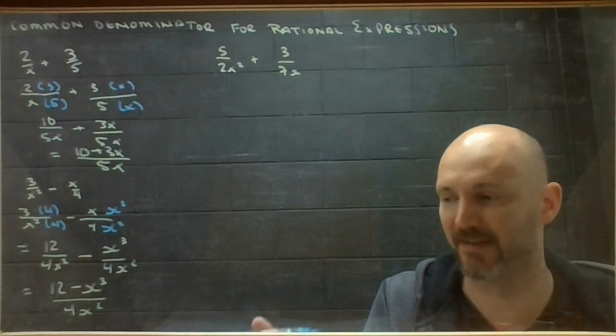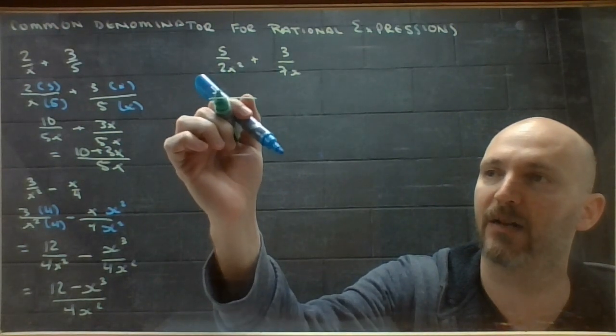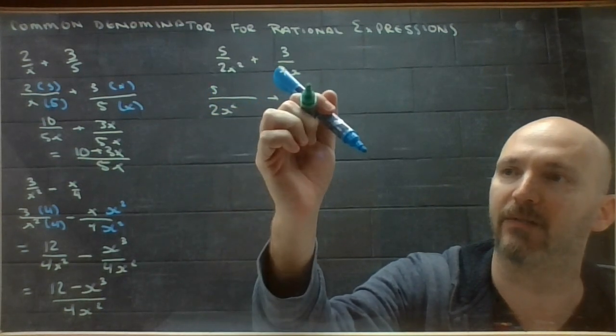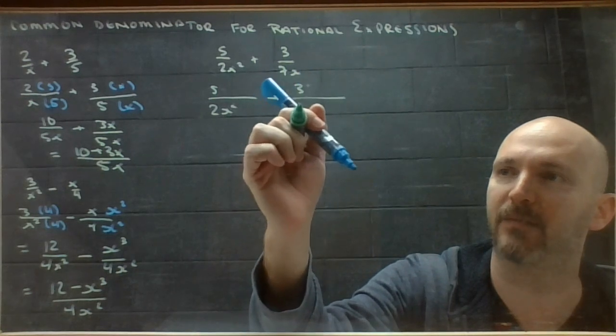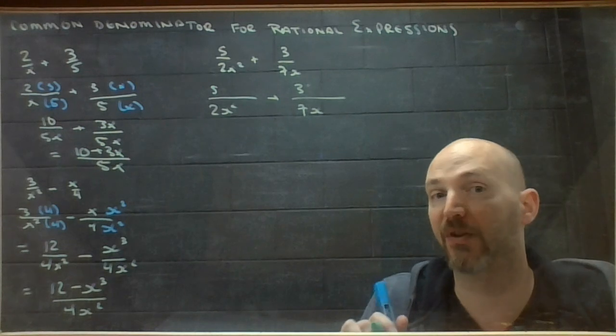For this one, same thing. I have a fraction with a 5 on top and a 2x squared in the bottom. I have a fraction with a 3 on top and a 7x in the bottom. And we're going to try and be efficient here.